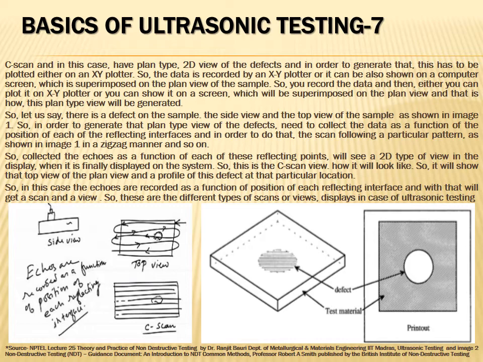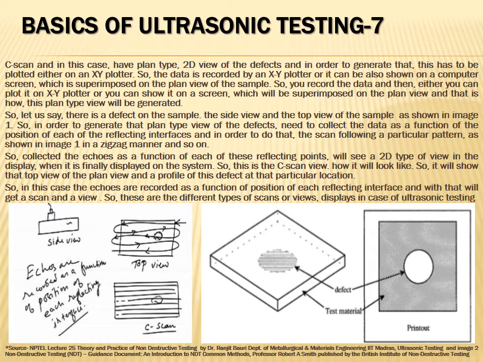That manner, as you see in the image, is a zigzag. If you see the 2D view of the defect, it may be shown in the image labeled C-scan. You collect the echo as a function of each of these reflecting points, so a 2D type of view appears in the display and is finally displayed on the system.